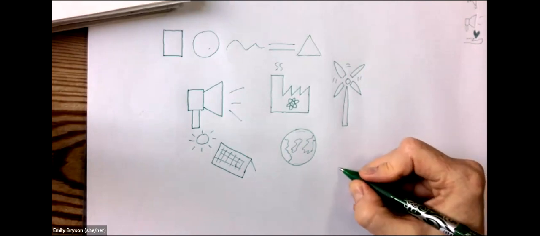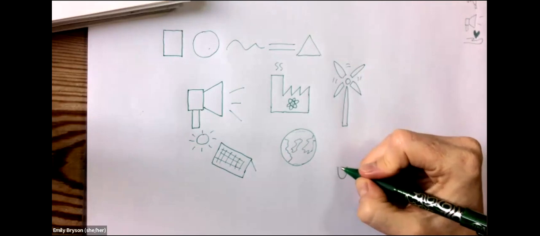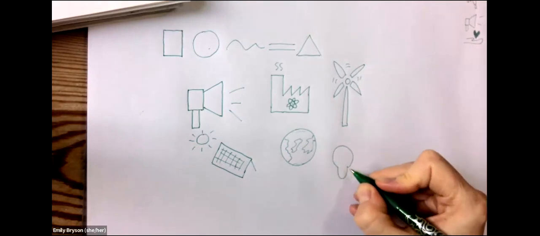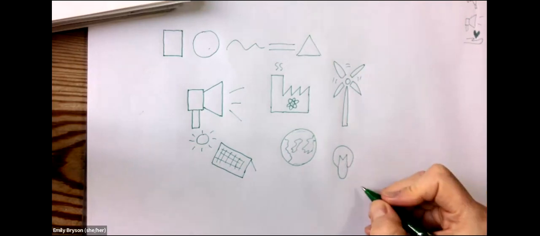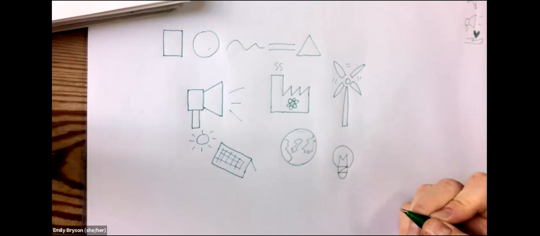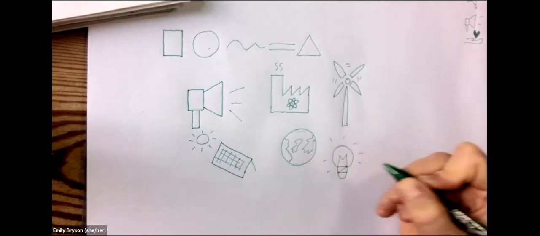The other one that's quite good is the light bulb, and the beauty of the light bulb is that, yeah, you got a U shape, and then an O, and then an M, and then a Z, and then you can add the little lines for lighting up.